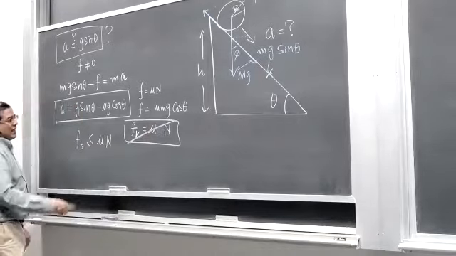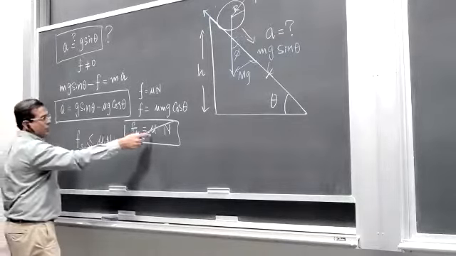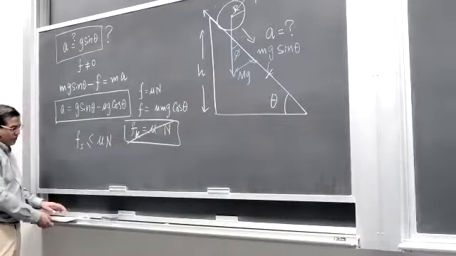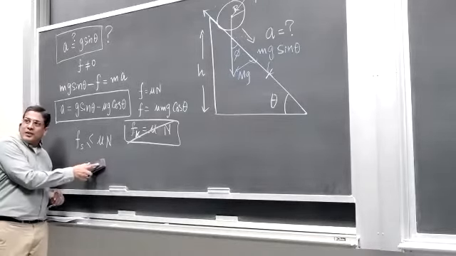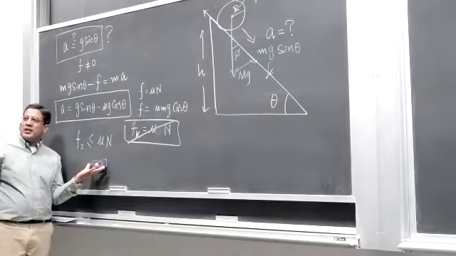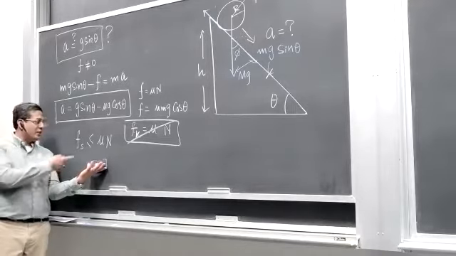Now you see, although the mu's are different in the two cases, we did this in the very beginning when we introduced the force of friction. When you're trying to move an object on a surface and there is still no motion, there is a force opposing the motion. That is static friction.